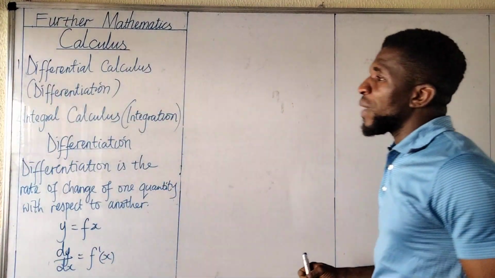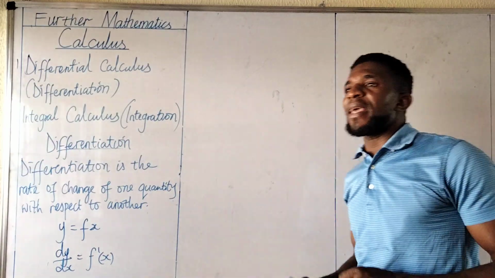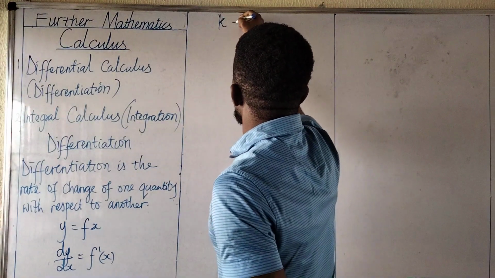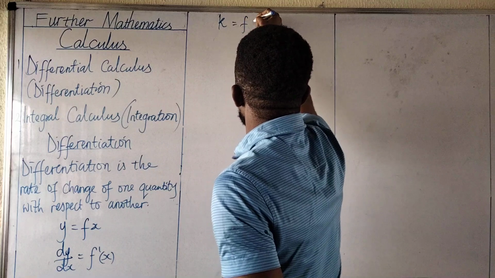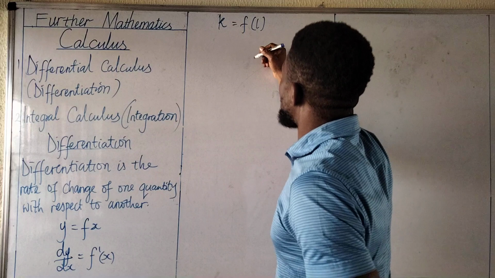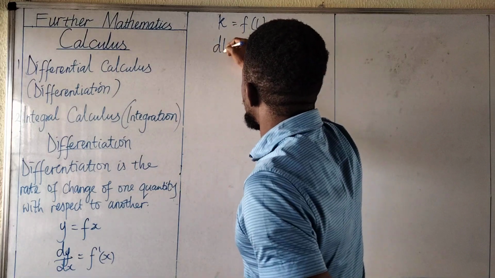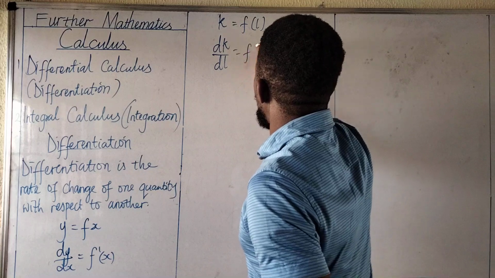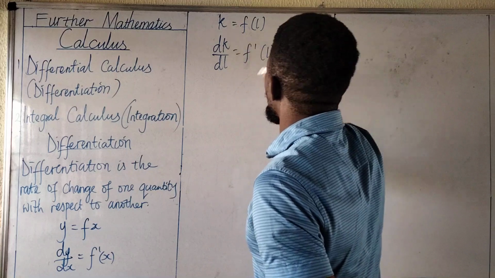Similarly, if we have two parameters, let's say k and l, that is to say k expressed as a function of l, and we differentiate k with respect to l, we are going to get f prime of l.